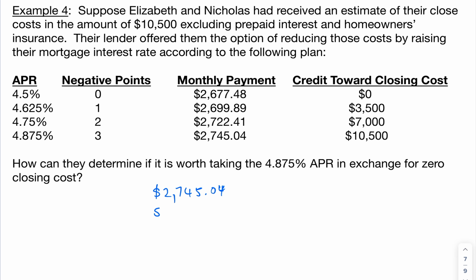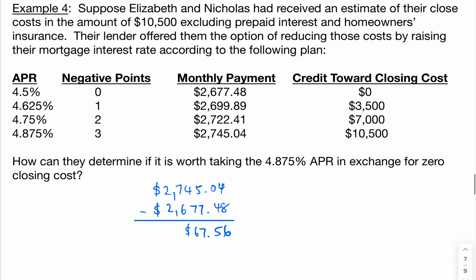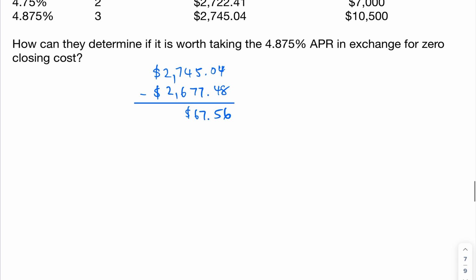Now, if they don't do that, then their monthly mortgage amount would be $2,677.48. So the difference between those two numbers is $67.56.